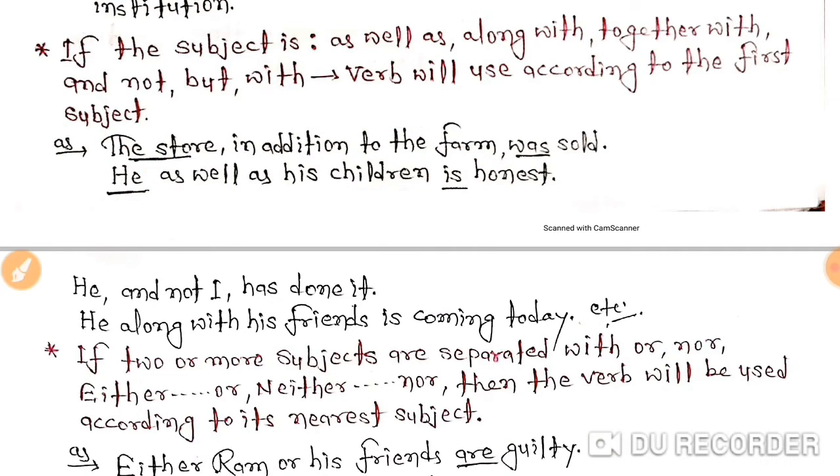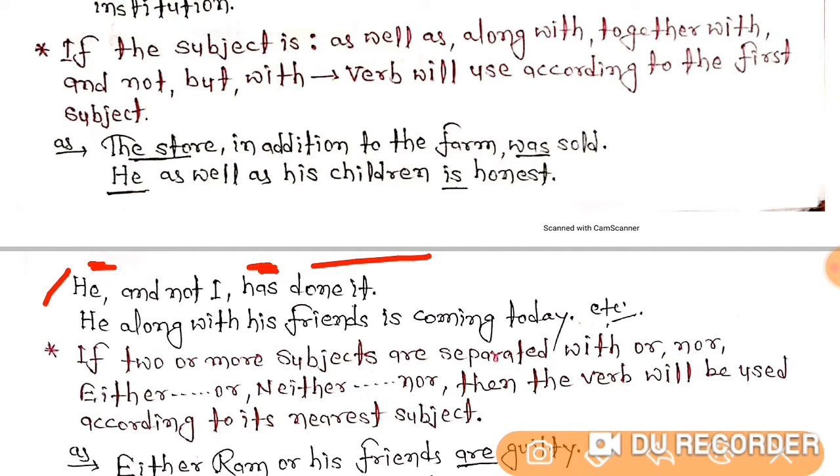Clear? Next example tells you, he and not I. So here I have done what? Has, as per the first subject. Done it. Right? He along with, see here, along with. So here two subjects, first is he, along with, and then his friends. Friends, but here I have done is. Why?